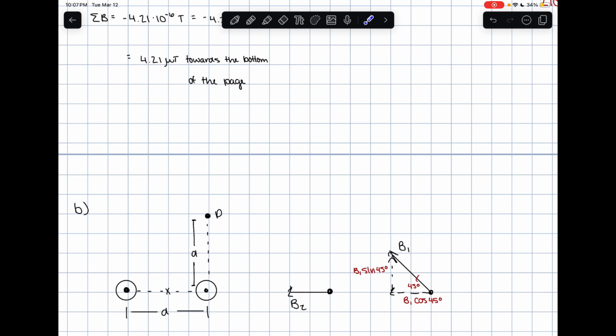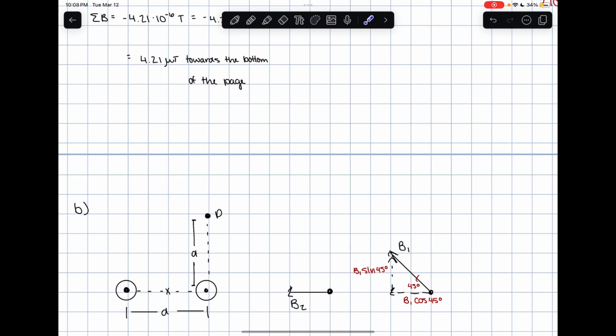Even if you eyeball it, it looks pretty close to 45 degrees. So we're going to have B2 going straight towards the left, and B1 going up and towards the left. So we can also break B1 now into its components, which the vertical component is going to be B1 sine 45 degrees, and the horizontal component is B1 cosine of 45 degrees.